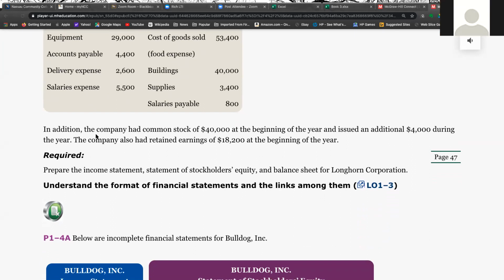In addition, the company had common stock of 40,000 at the beginning of the year, and they issued an additional 4,000 during the year, and they had retained earnings of 18,200 at the beginning of the year. So this kind of information would belong on that stockholders' equity statement, right? So if you don't pay attention to that, you won't get the right answer.